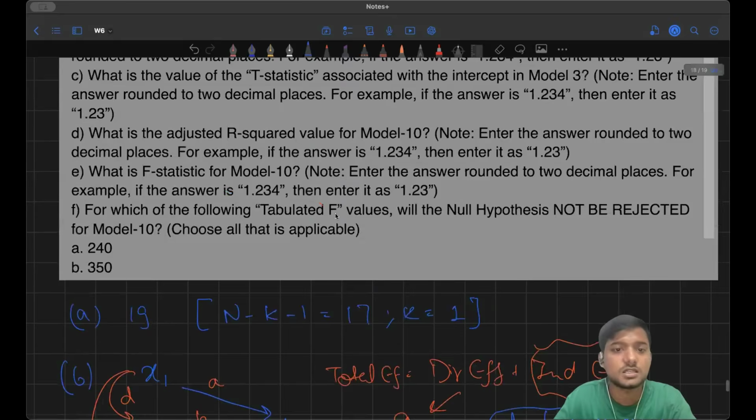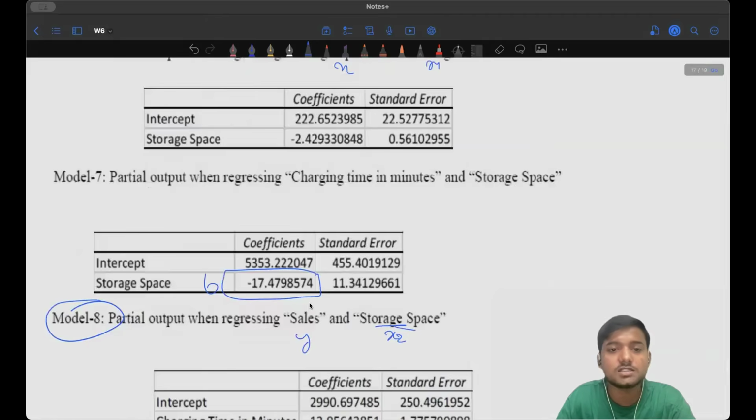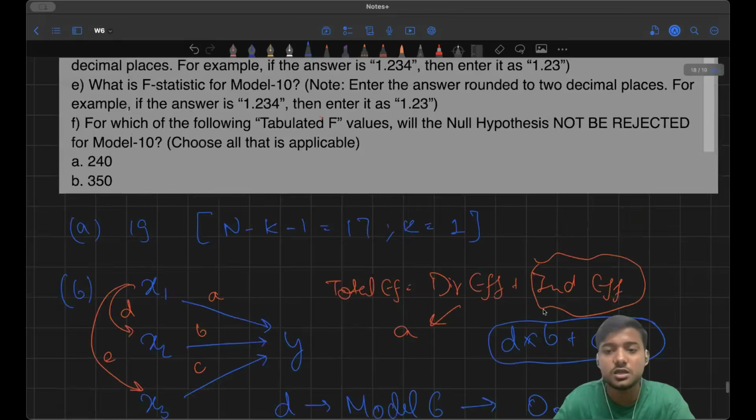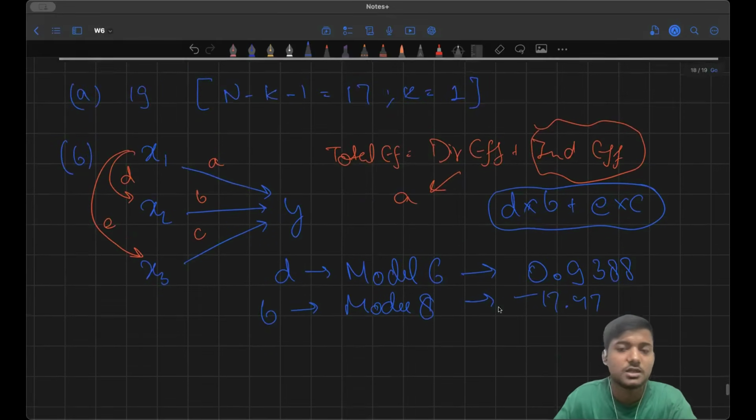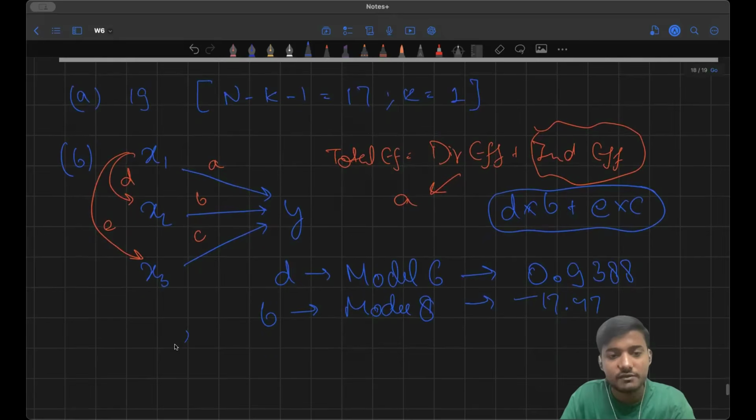B comes from model 8, and this is going to be minus something. I think it was minus 17.47. Similarly, you can find E and C. I will directly write it down.